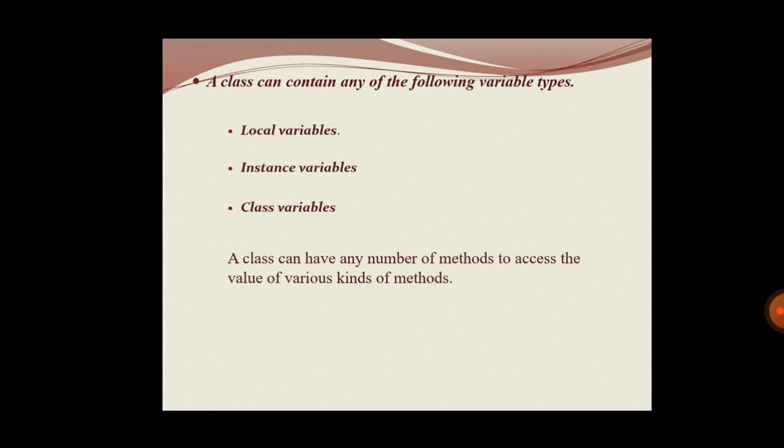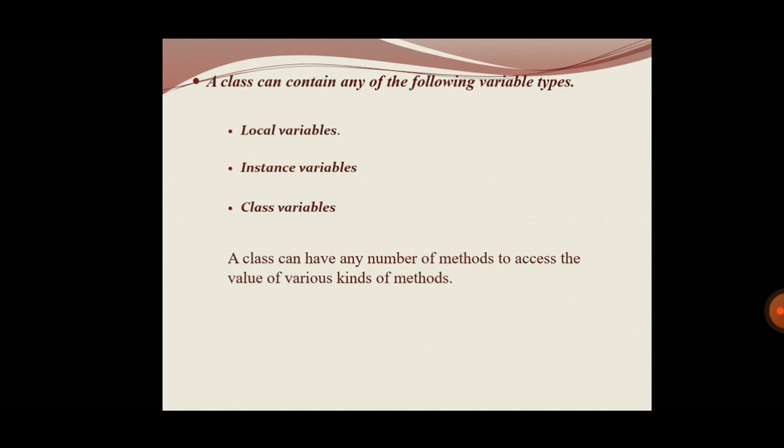Next is called the instance variable. Instance variables are variables within a class but outside any method. These variables are initialized when the class is instantiated. Instance variables can be accessed from inside any method, constructor or block of that particular class.